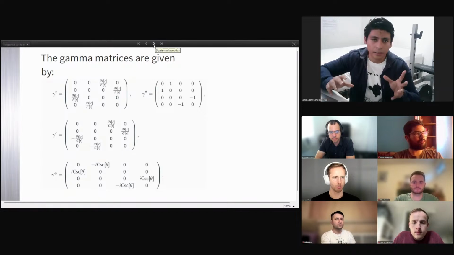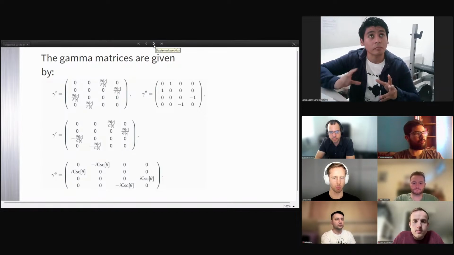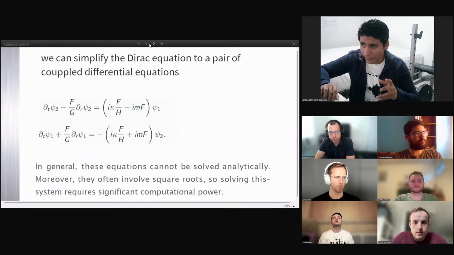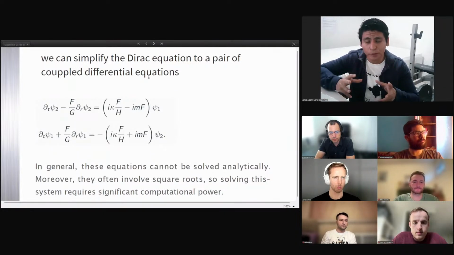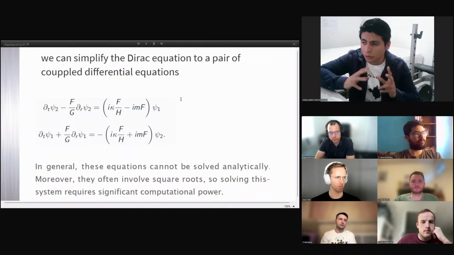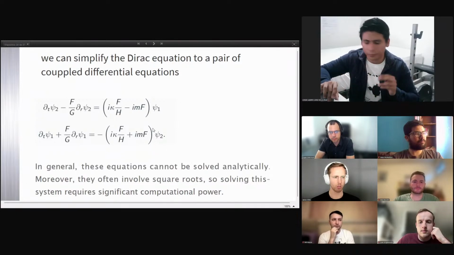All right, we have our gamma matrices, and with these gamma matrices, we can simplify the Dirac equation, that system of 16 equations with 64 variables, to only two differential equations in the time and in the space.